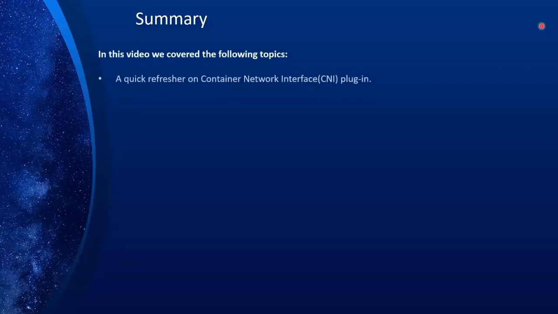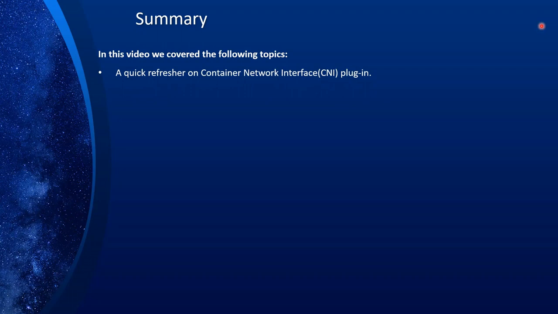So in this video, we covered the following topics. We took a look at container network interface. I covered this extensively in the first and second series of this course, so if you want more information, go ahead and check those. We also introduced Project Calico, which is a CNI. It's one of the choices that you can make as far as selecting a CNI provider for your project.